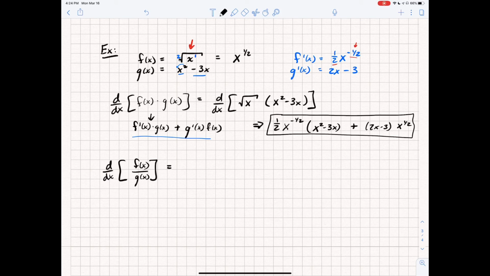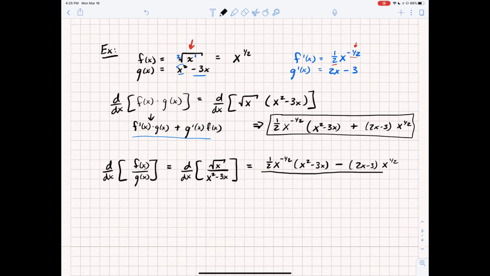If I want to find the derivative specifically of square root of x divided by x squared minus 3x, and to take this derivative, very similar to the product rule, I'm going to do f prime, which is 1/2 x to the negative 1/2, times g minus g prime times f. So again, you can see how this is the exact same, barring the sign change in terms of the addition versus subtraction.